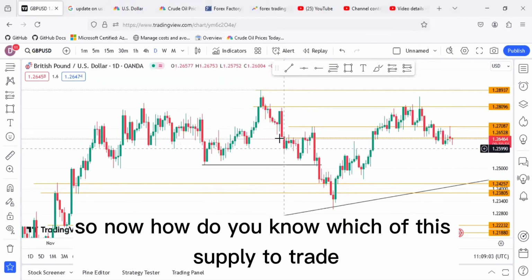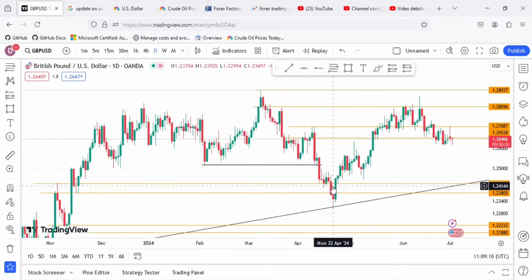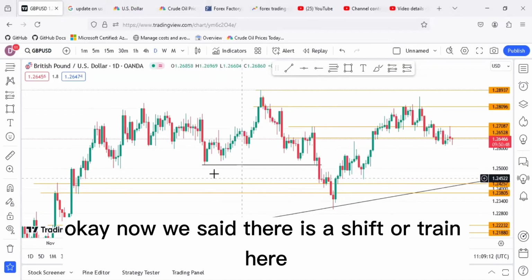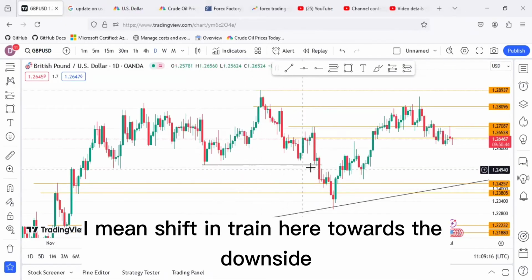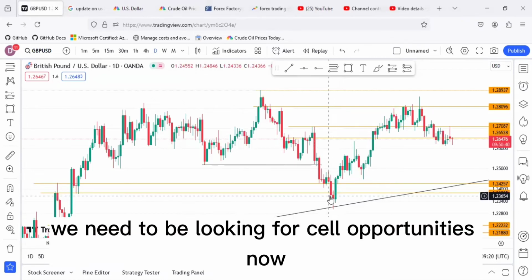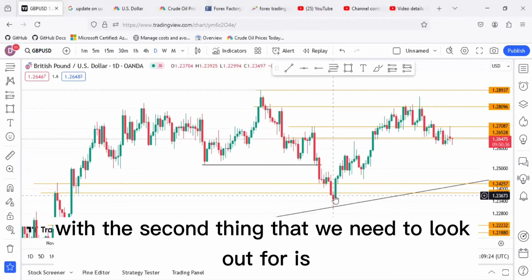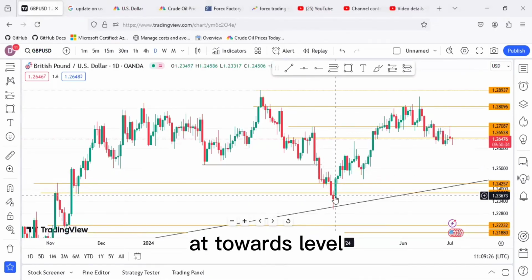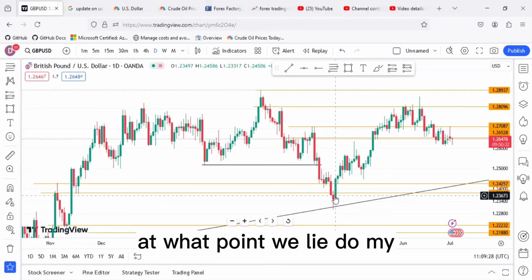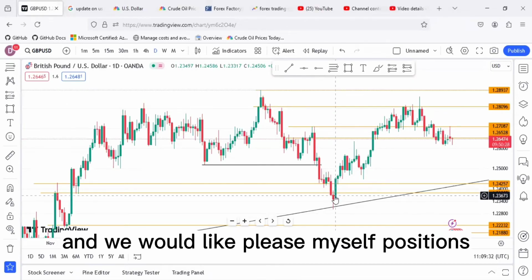So now, how do you know which of these supplies to trade? Remember, the first thing I talked about is trend. Okay, now we say there is a shift of trend here, a shift in trend towards the downside. That means we need to be looking for sell opportunities now. Now, the second thing that we need to look at is at what level, at what point will I place my sell positions?